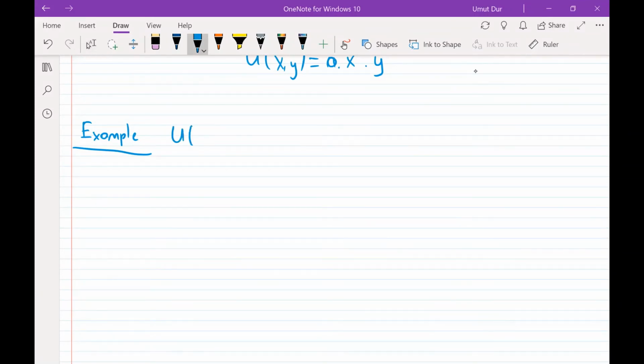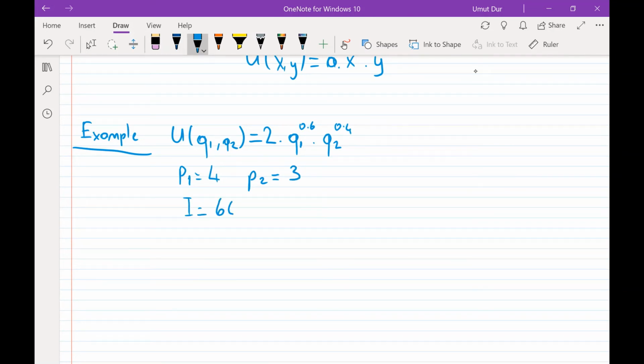Our utility is given with two goods as 2 times q1 to the 0.6 times q2 to the 0.4. The price of the first good is 4, the price of the second good is 3, and our income is given as 16.